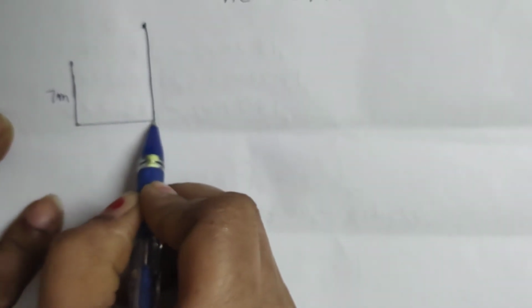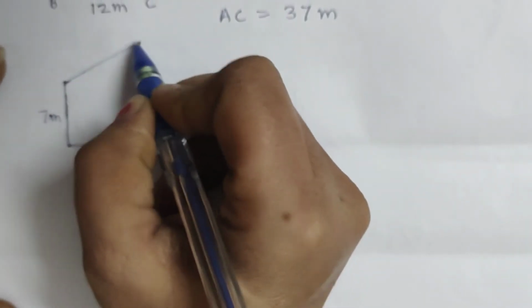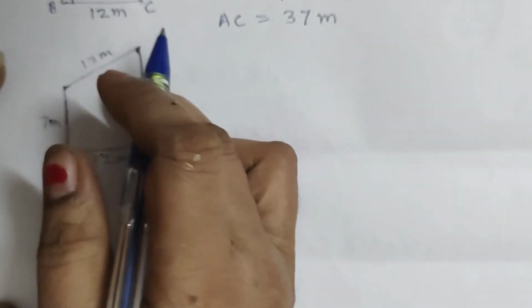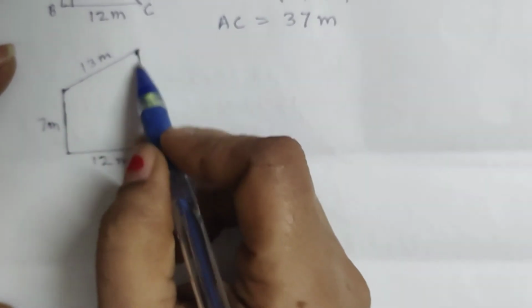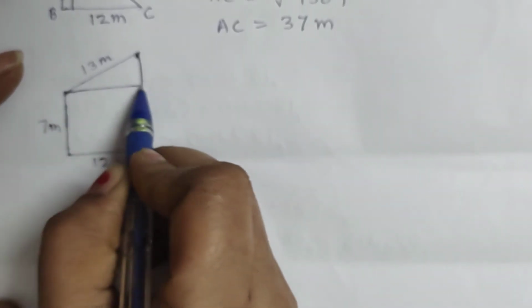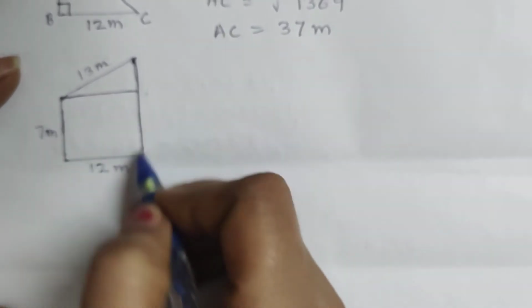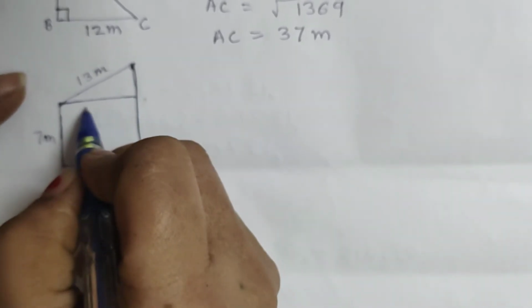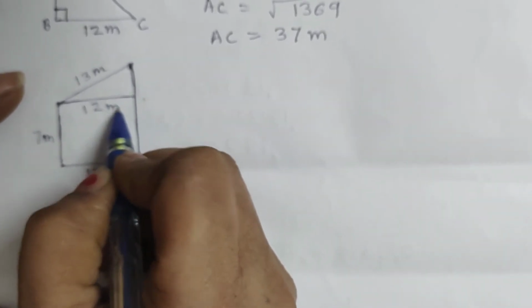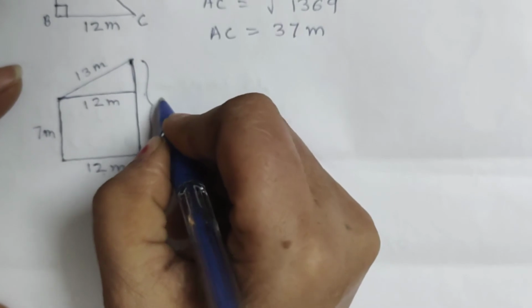So the distance between the shorter pole and the longer pole is given as 12 meters and the distance between the tops of the poles is given as 13 meter. So as we all know that the poles means it is erect, so it is 90 degree from the ground. So here we are getting this right angle triangle. Now these two poles are parallel, so if this is 12 meter, then this will also be 12 meters. We have to find out the length of this longer pole.